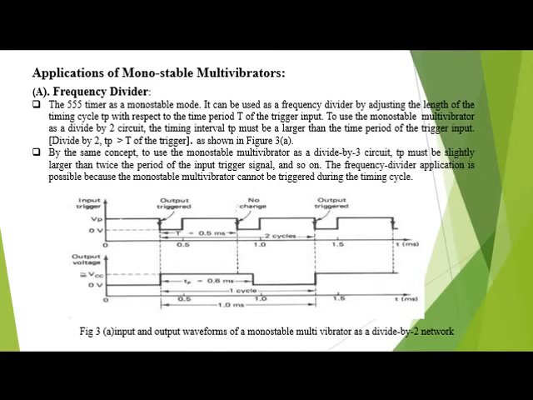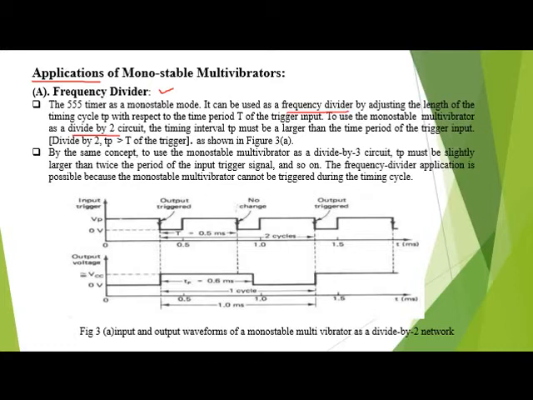After the completion of the monostable multivibrator operation and circuit explanation, now we discuss the applications of the monostable multivibrator. The first one is the frequency divider. When the 555 timer acts in monostable mode, it can be used as a frequency divider by adjusting the length of the timing cycle, that is TP, with respect to the time period of the trigger input, as a divide by 2 circuit.